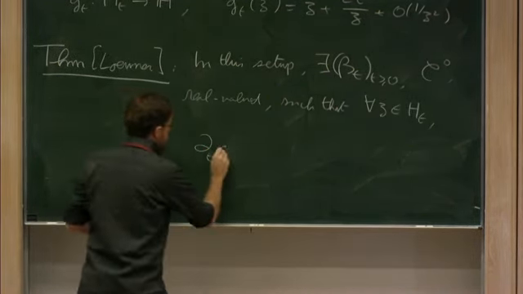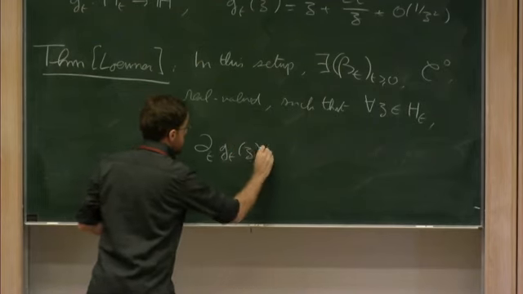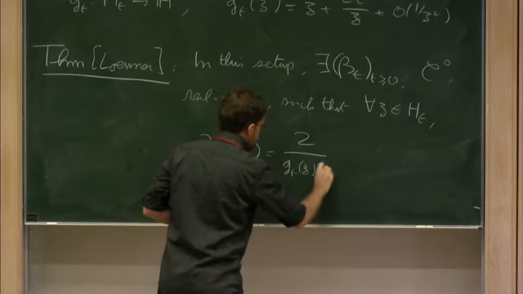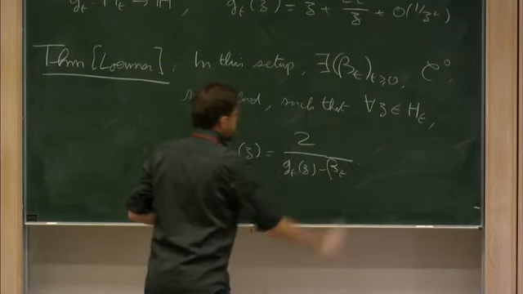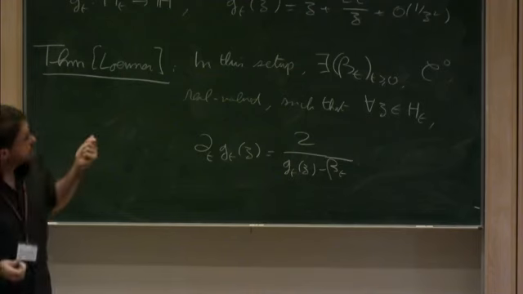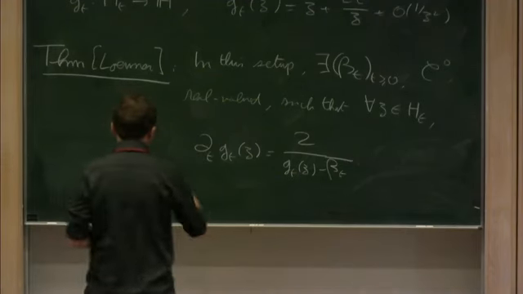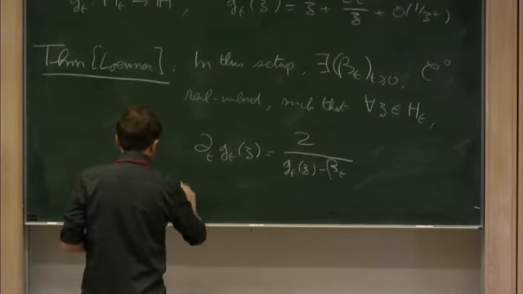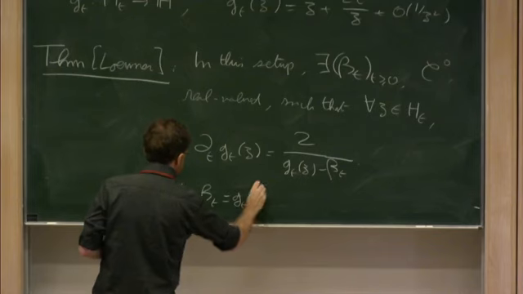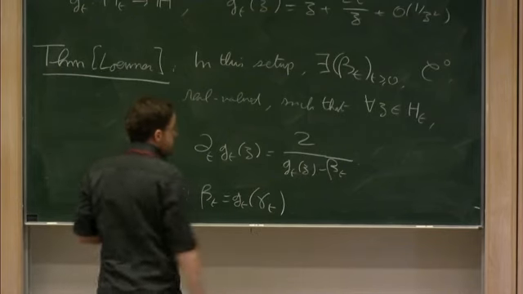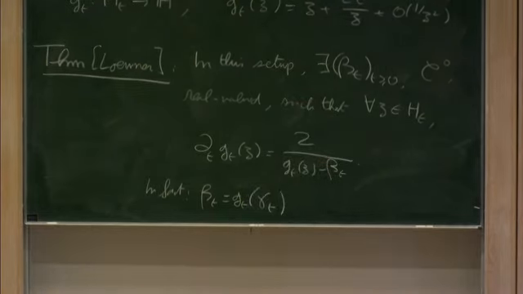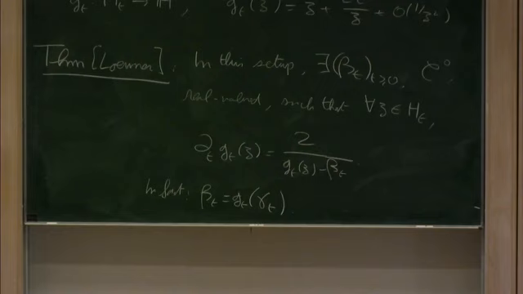The time derivative of gt of z is 2 over gt of z minus beta t. And with the previous notation, in fact, the beta t is nothing else but the gt of the tip of the curve. So it's this point that was here. So this point is actually this beta t.